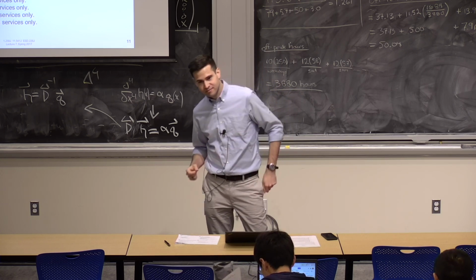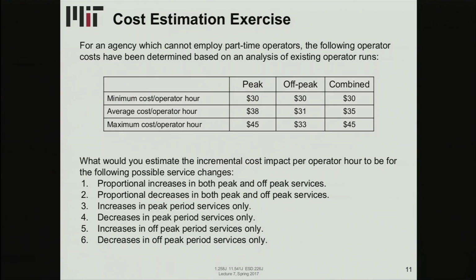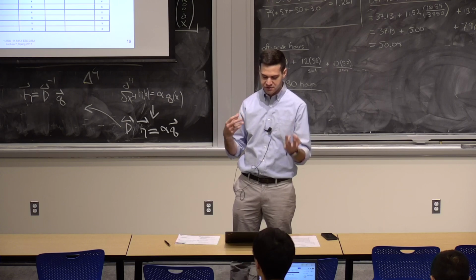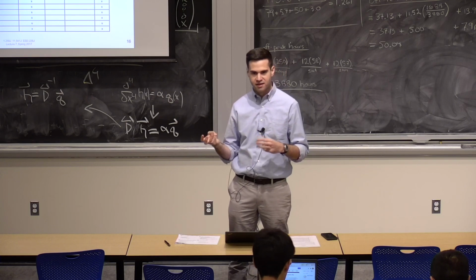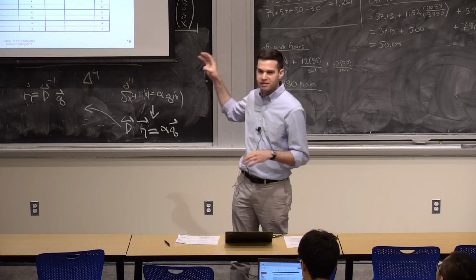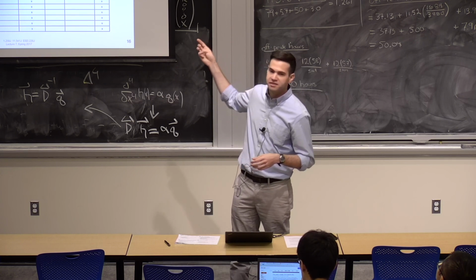Yeah. On the last slide, when you were talking about peak buses, is it indicative of agency size? Yes. So in this example, we have 9 explanatory variables, which are the combination of the 3 resource variables and the 3 cost types. But if you go back to the first example in this lecture, we had 3 explanatory variables: bus hours, bus miles, and peak buses.